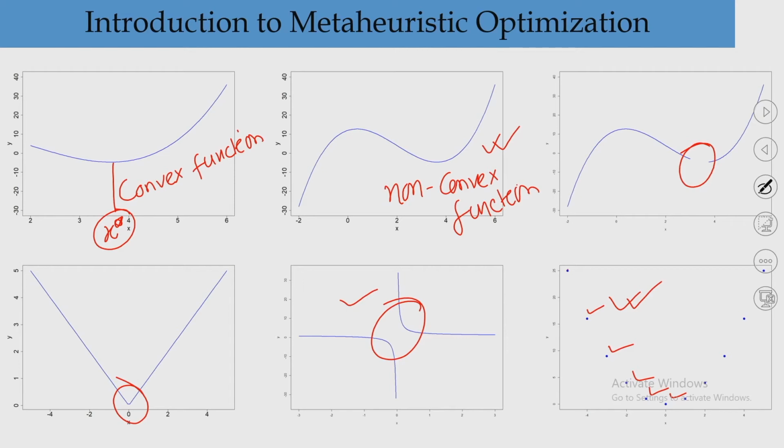Either you get this solution, or this solution, or this solution. There is no solution in between. Therefore, you will not be able to apply the gradient based classical optimization.